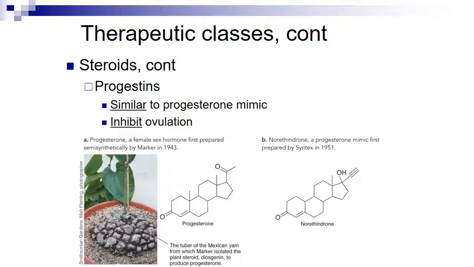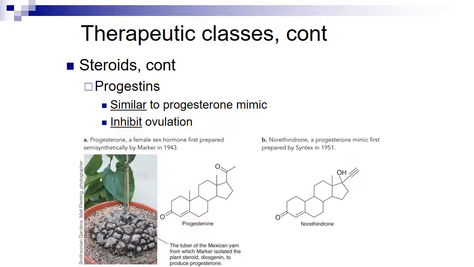So here is another steroidal compound that we're going to look at, and these are called the progestins. These start to get very, very confusing because you can use them in so many different ways. So these are going to be similar to progesterone, which is a hormone in your body. They're sometimes used as a mimic of that.